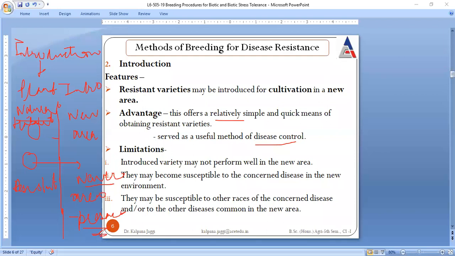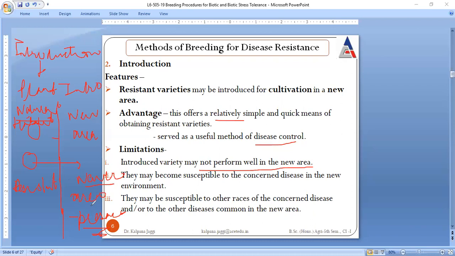So whenever this resistant variety is transferred to the newer area, the very first thing is it may not perform well in that newer area. Secondly, it may become susceptible to the diseases which are prevailing in this new environment.